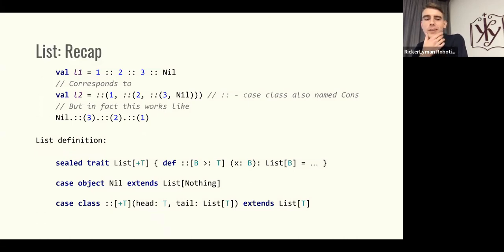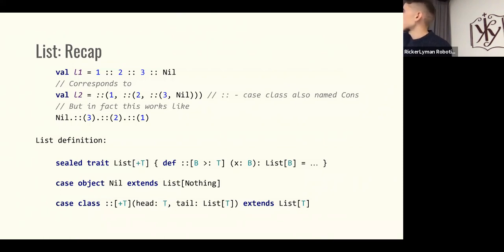Yeah, so this is the syntax we use with lists. When we use the double colon, just to better understand what's happening, we have this syntax 1, 2, 3 separated with a double colon. This means the same as if we would construct case classes.